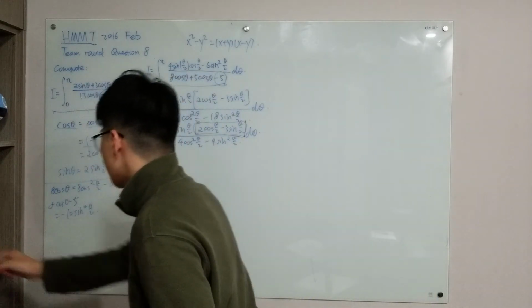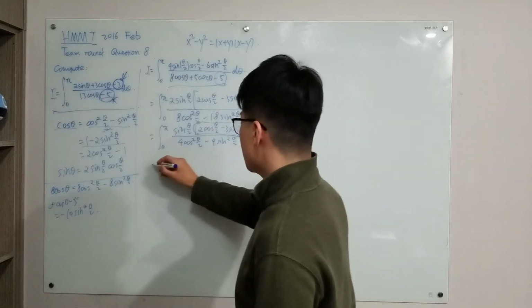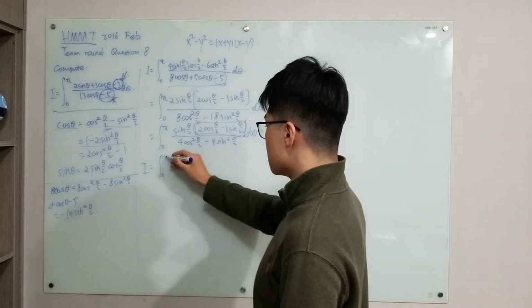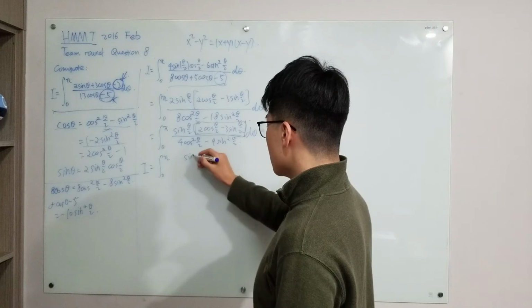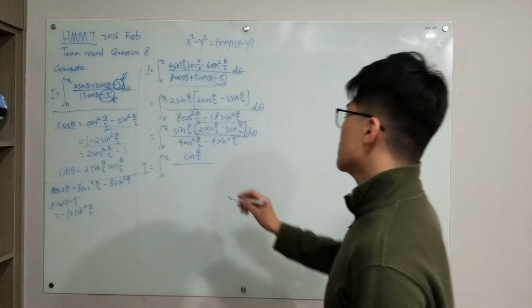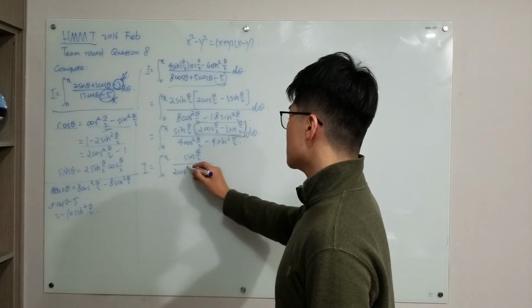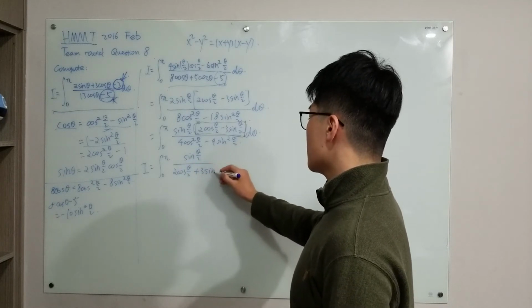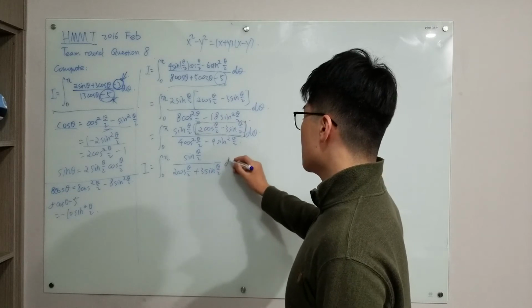What we are left with is I equals the integral from 0 to pi of sine theta over 2 over 2 cosine theta over 2 plus 3 sine theta over 2.